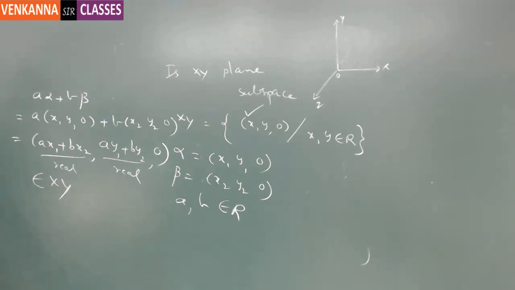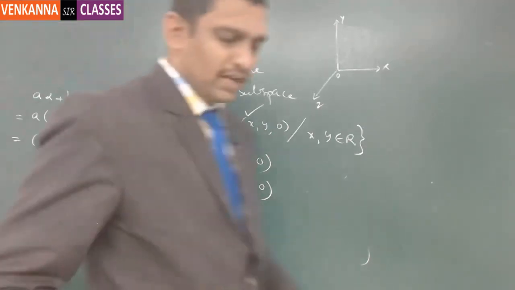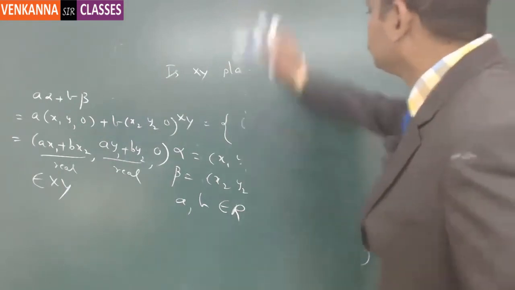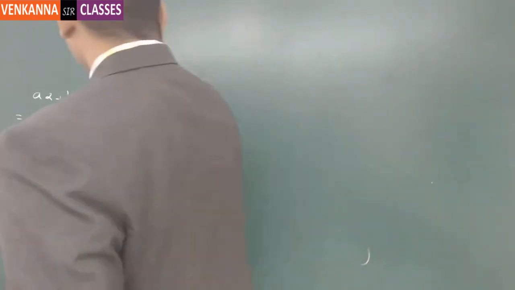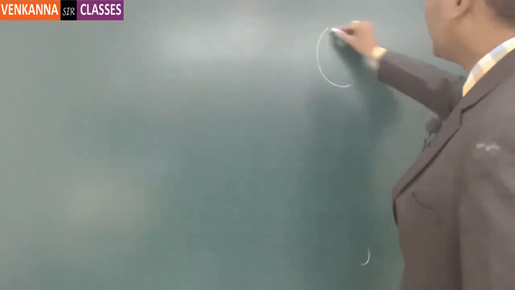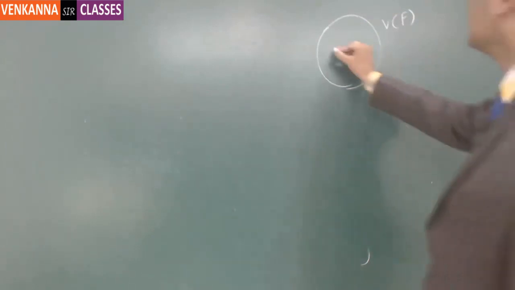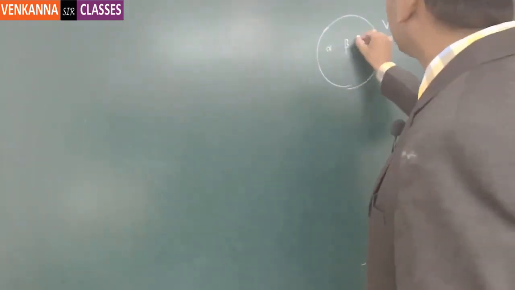Right. Now let us move somewhat different. Let us take the other definitions now. You take a vector space V of F. Now in this, I took some vectors, say alpha, beta, gamma.